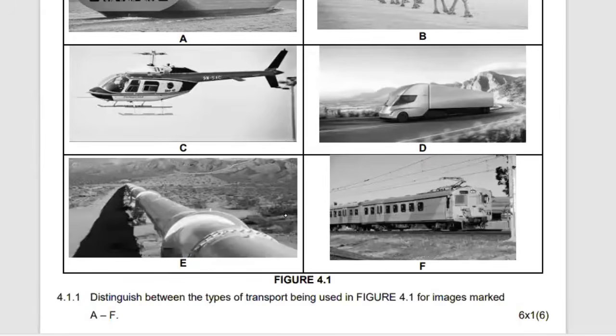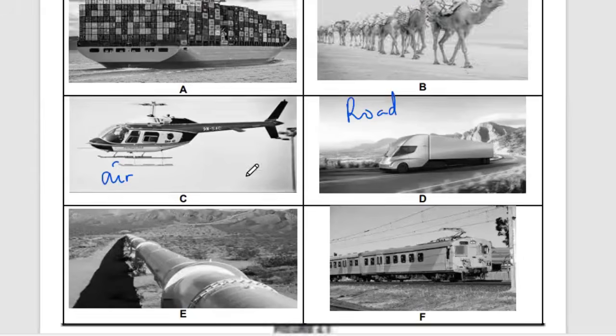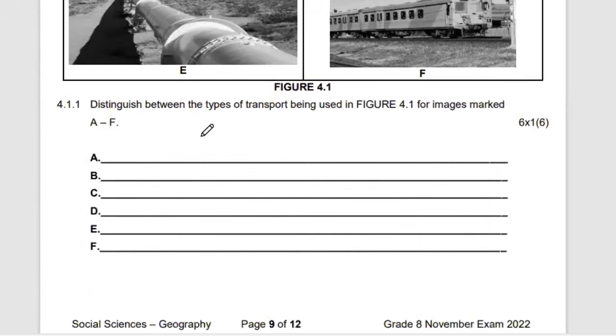Then moving on to C, what kind of transport is C? You can see that this is a helicopter. This is an example of air transport. Then D, you can see that this is a truck. This uses the road. It's a road transport. Then E, you can see that this is a pipeline.